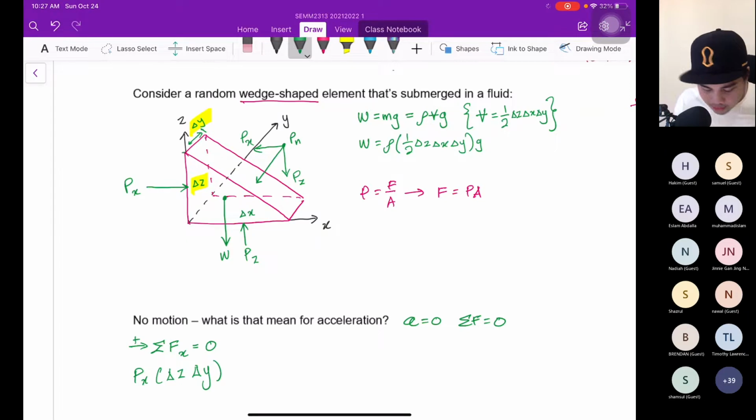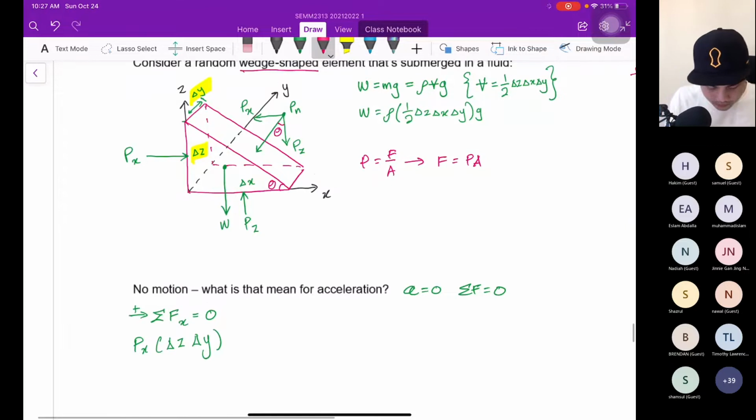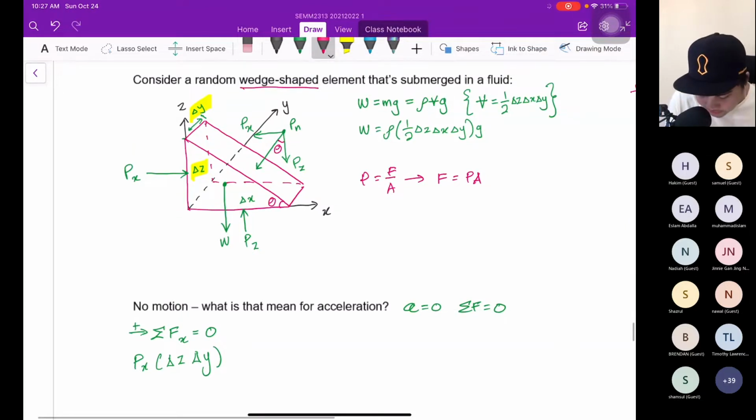Let's say we have the angle theta here. This angle theta reflects to this same theta angle. This Px is facing to the left, which means it must be minus Pn.